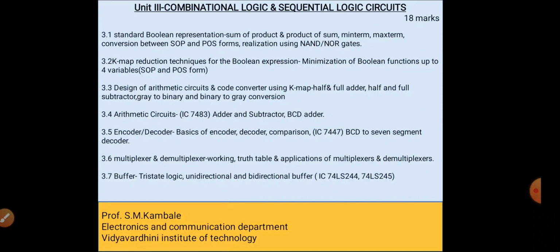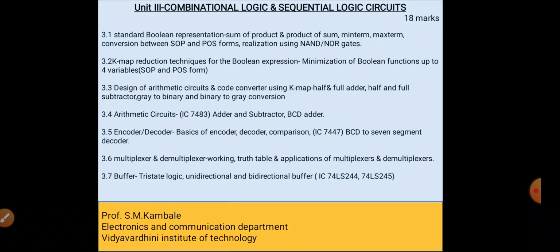There are also the buffers, that is tri-state logic, unidirectional and bidirectional buffers. Unidirectional means its flow is only in a single direction, and if the flow is in both ways, then it is called a bidirectional buffer.